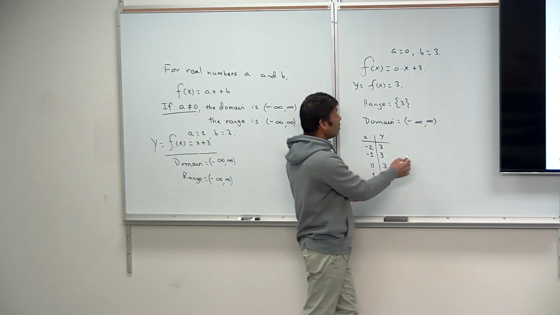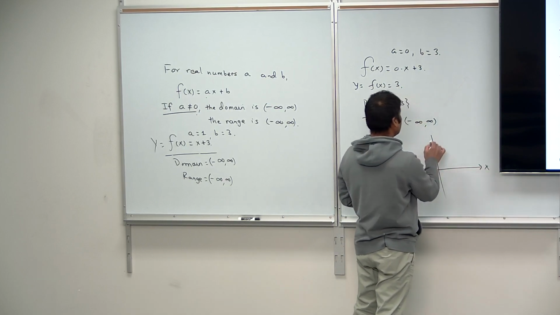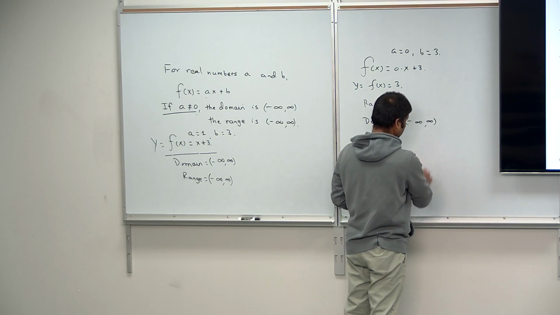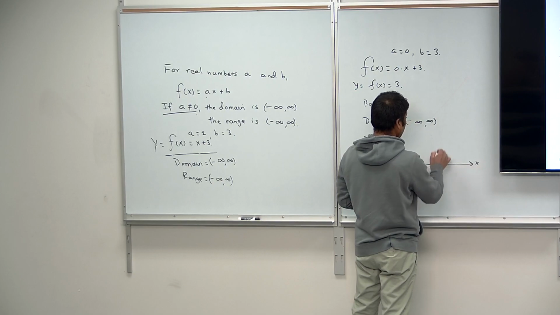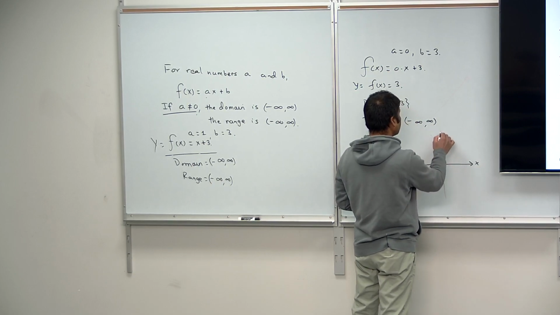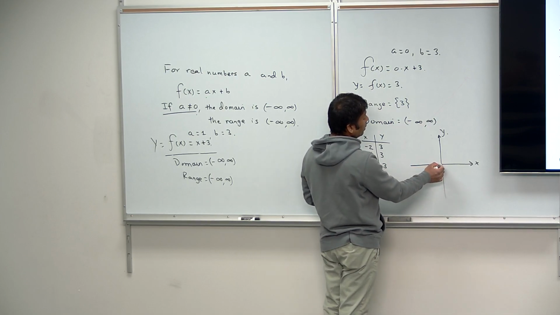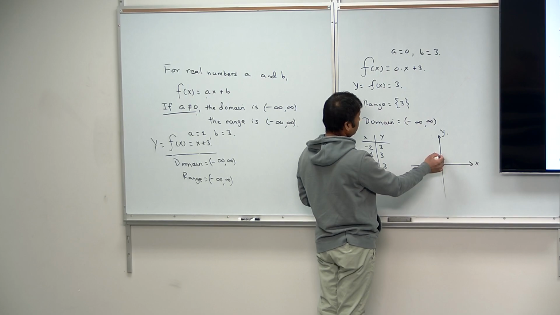So now if you want to draw the graph, this is your x-axis and this is your y-axis, right? So now you see (0, 3). Where is this? (0, 3).